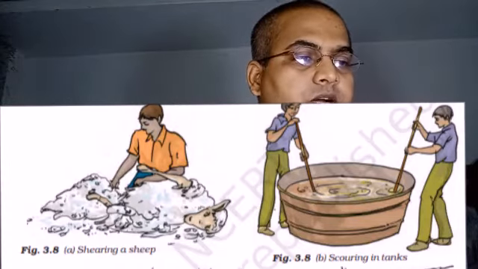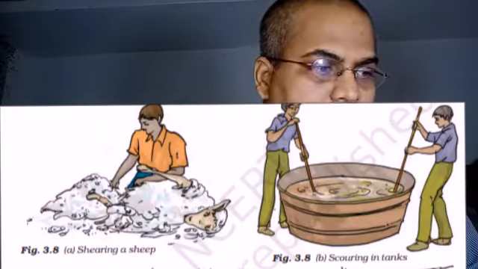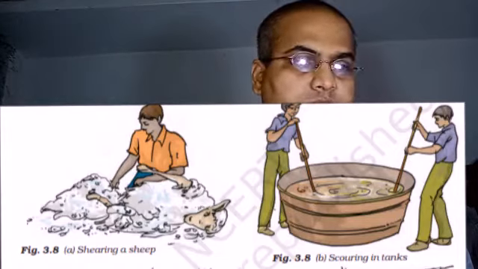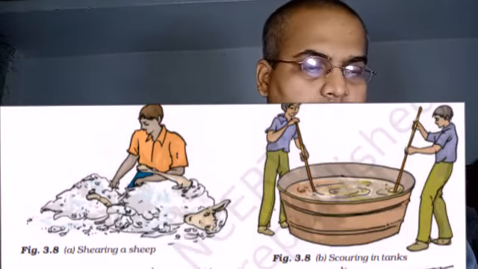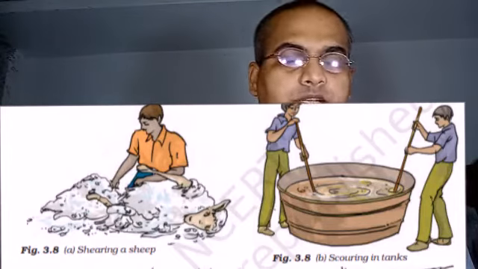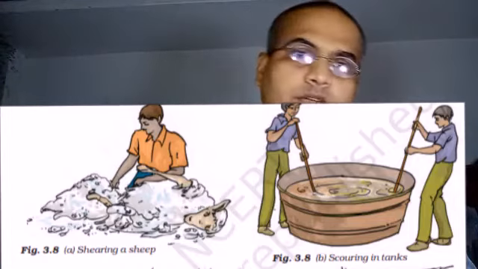So these burrs are removed, and after that the wool is scoured again and dried, that is, thoroughly washed, and then this wool is ready to be drawn into fibers.